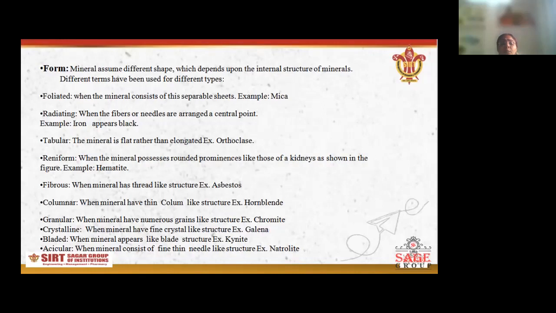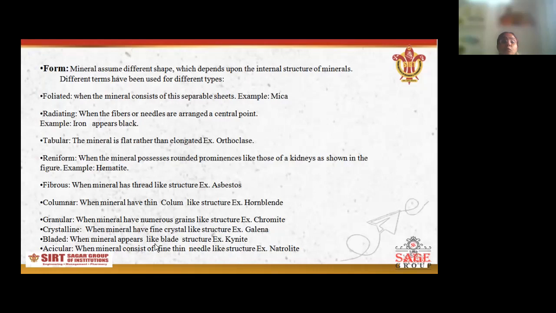Bladed: when a mineral appears like blades, like an armature, when a number of blades are held together in a thick manner. Acicular means an aggregate of needles, when a number of needles are collected in the hand. Natrolite always gives acicular form.